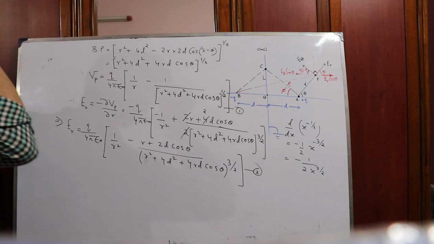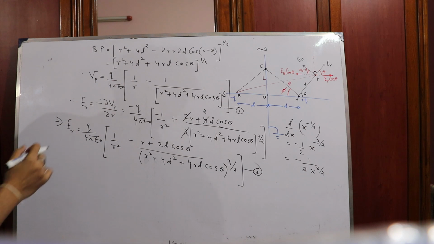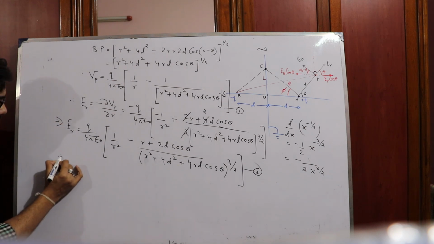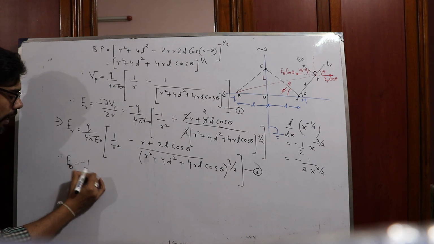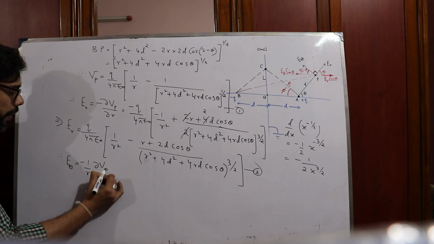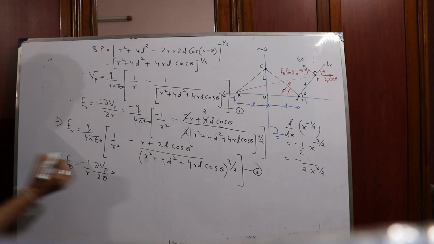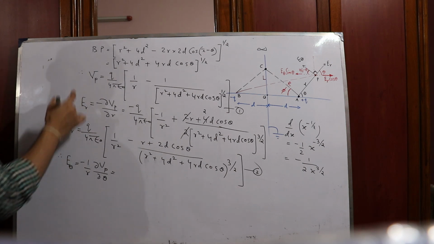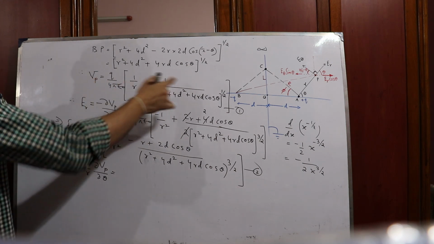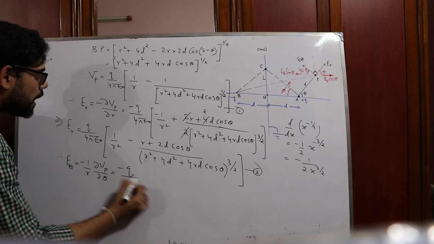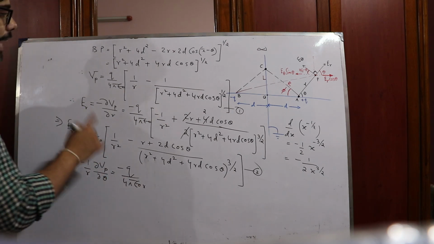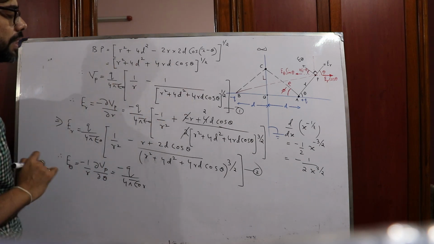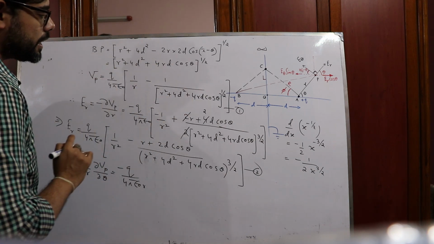Now if I want to find out the tangential component of electric field, E theta equals minus 1 by r del Vp del theta. So I can write it like this, minus 1 by r del theta of this thing. So minus q by 4 pi epsilon 0 small r, and del theta of this one: the first term is 0 because there is no theta dependence.